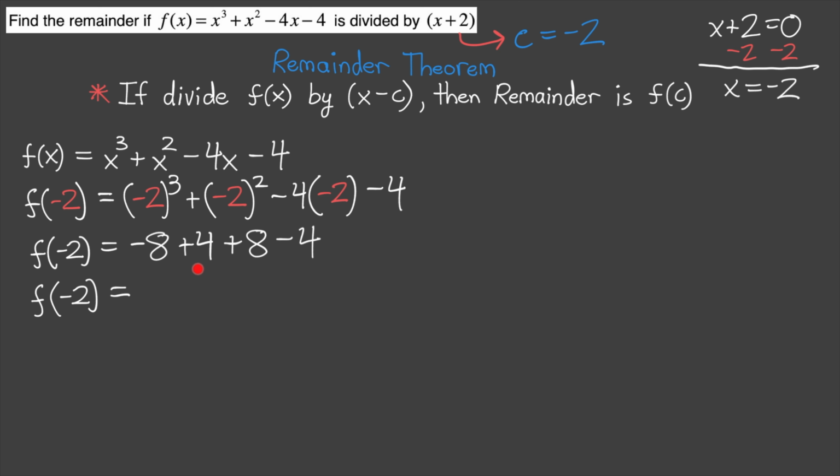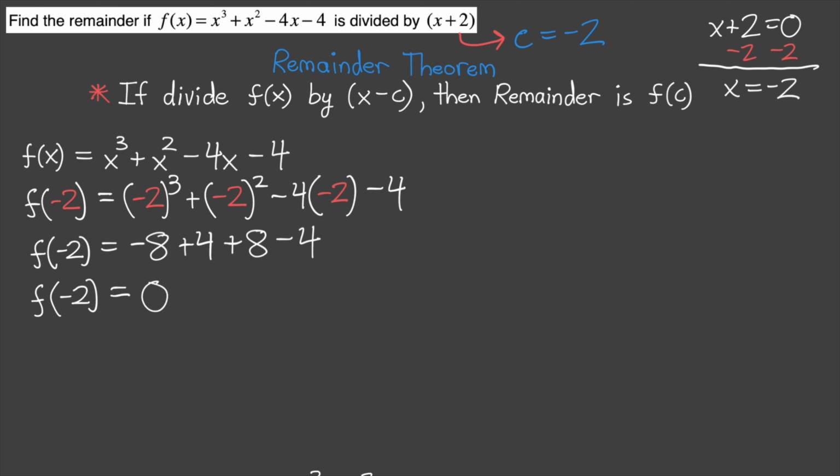So we have negative 8 plus 4, which is negative 4, plus 8, which is 4, minus 4, which gives us 0. So that tells us that f of negative 2 equals 0, and that if we divided this polynomial by x plus 2, our remainder would be f of c, which in this case is 0.